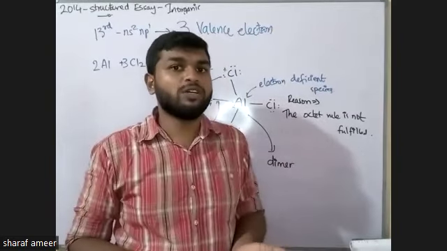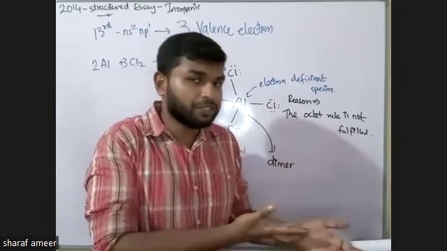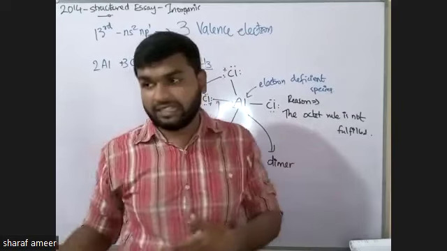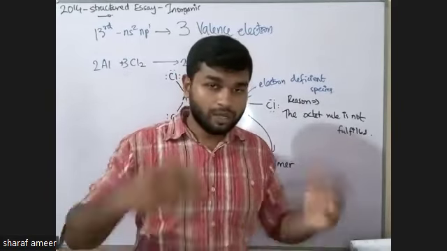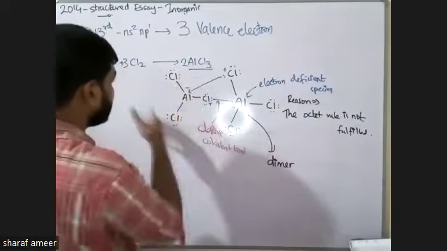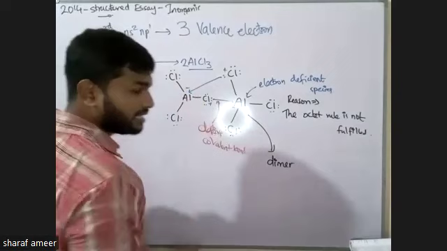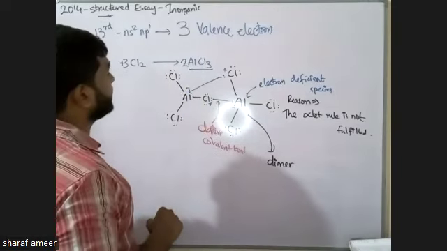So obviously, we should know X belongs to group 13, which means an electron deficient group. Electron deficient groups tend to form dimers in order to fulfill the octet, because aluminium chloride cannot stay alone. It is really unstable there.